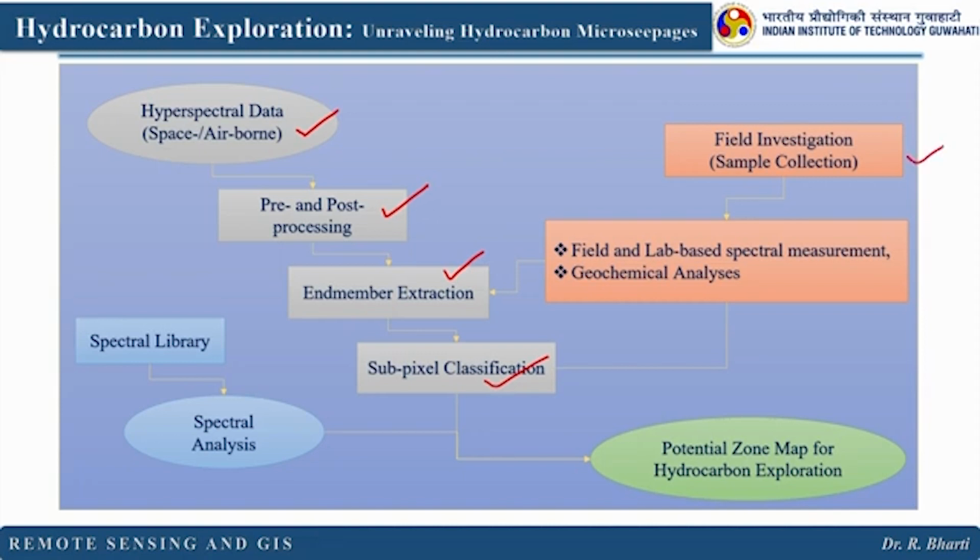At the same time you have to perform field investigation, and the field spectra will be measured and the collected samples will be analyzed for the presence of hydrocarbon. Once you have all these results, you can use this spectral library and merge all this information together to identify the potential areas for hydrocarbon exploration.